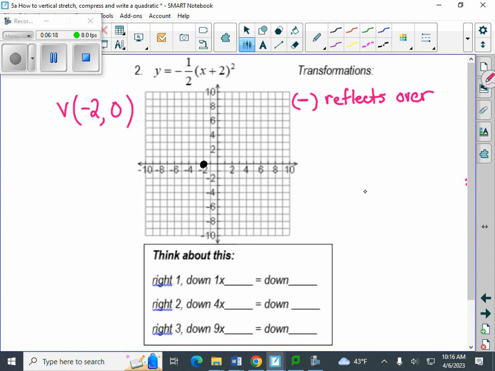But it reflects the graph over the x-axis because the negative is outside of the function. The negative is separate from the 1/2, which is our next transformation. And the 1/2 is going to vertically compress by 1/2.